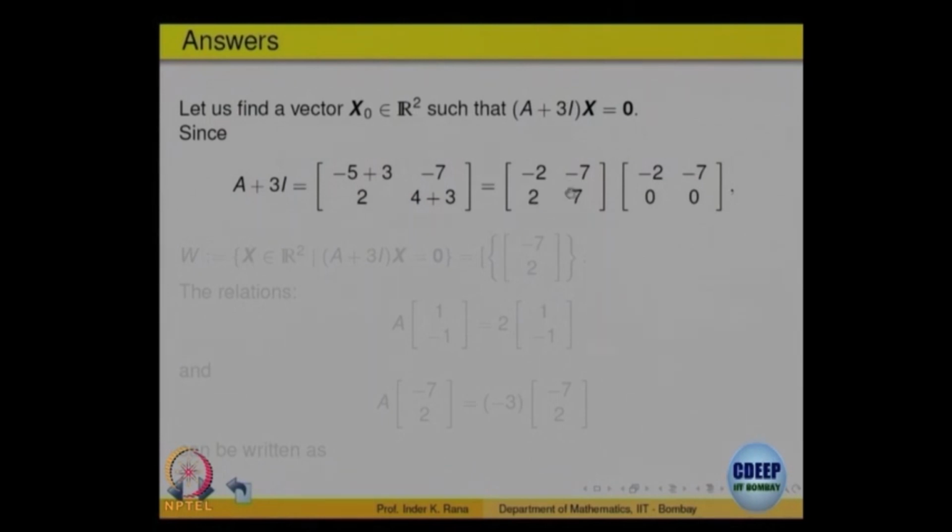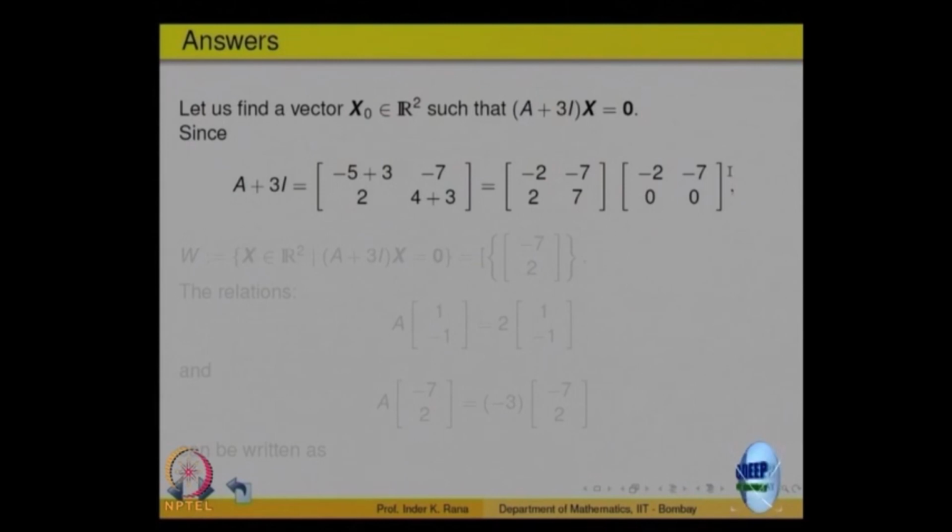So, it has 2 rows identical. That means I can subtract and I will get 0 0, right. So, this is the row equivalent form. What is the solution? Minus 2 x1 minus 7 x2 equal to 0, right.